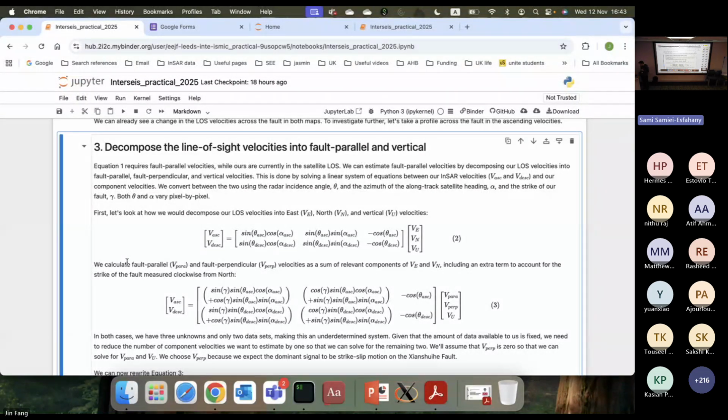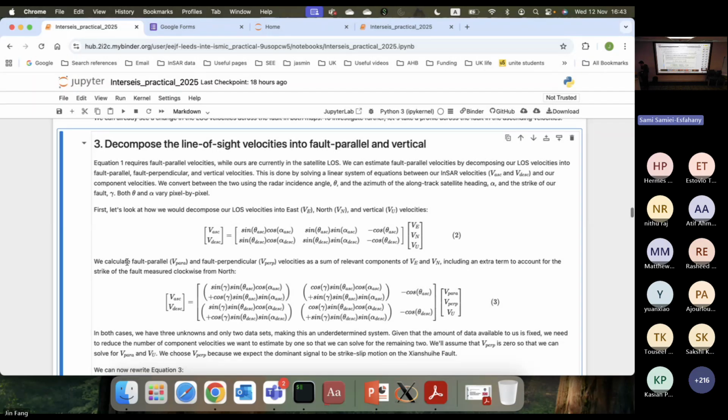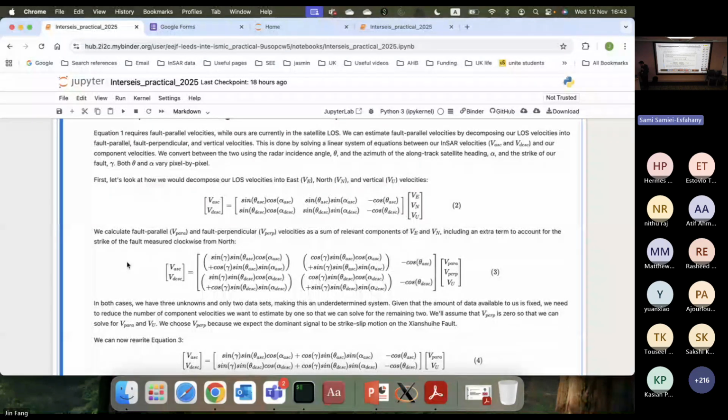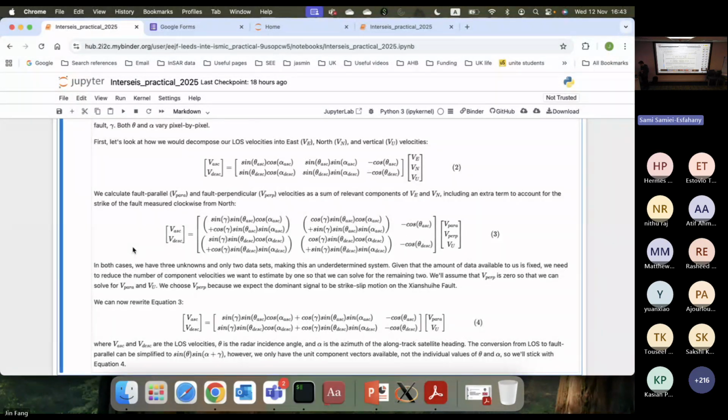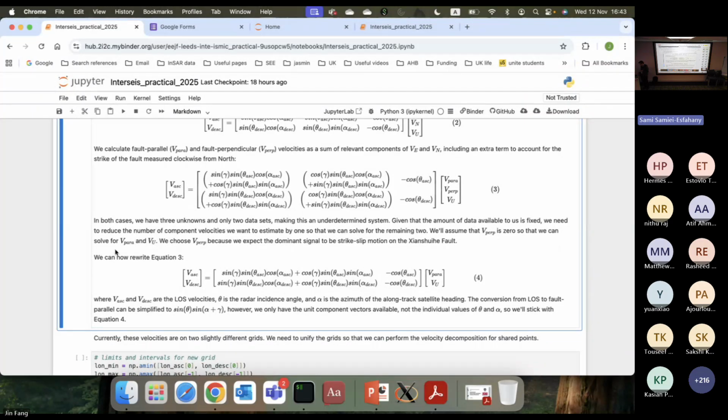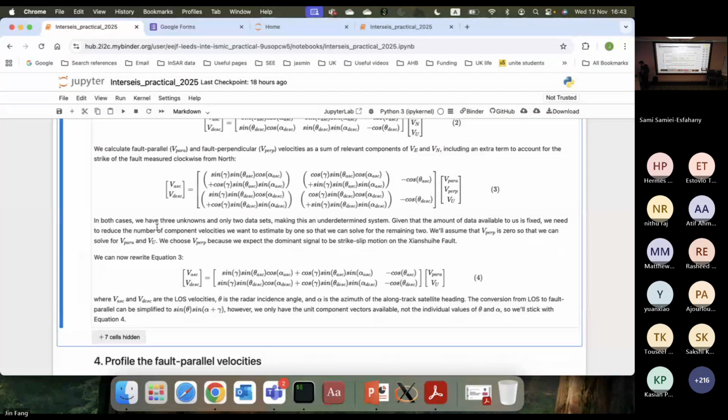So to make progress, we need to, for example, assume the fault perpendicular displacement is zero, because we expect the dominant motion of the central fault to be strike slip motion, meaning the motion is primarily along the strike with minimal fault perpendicular movement.